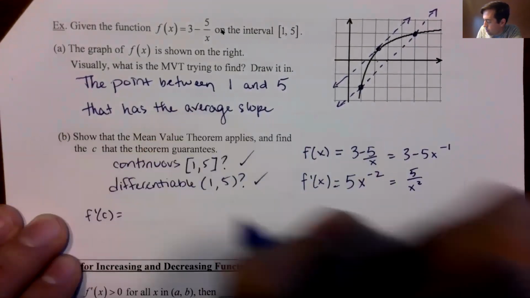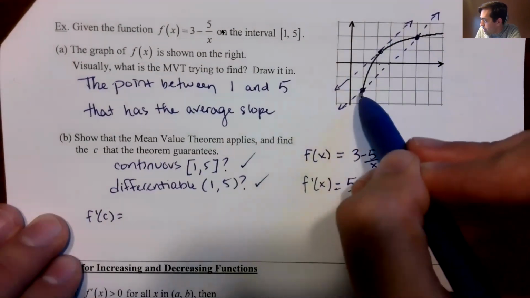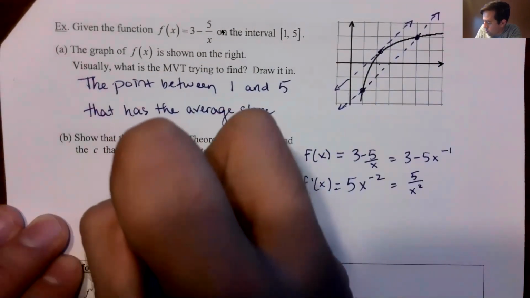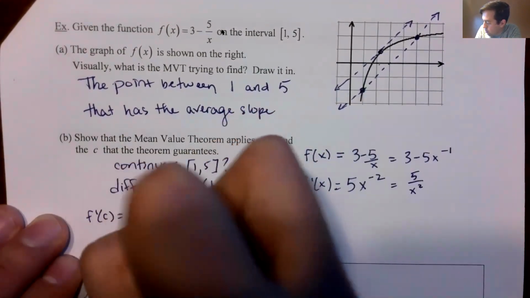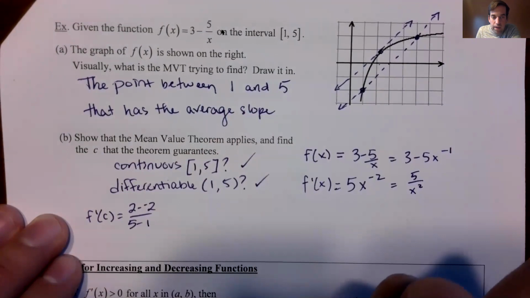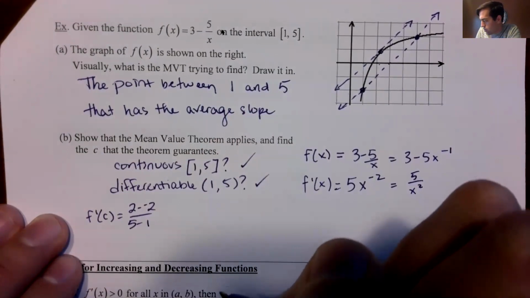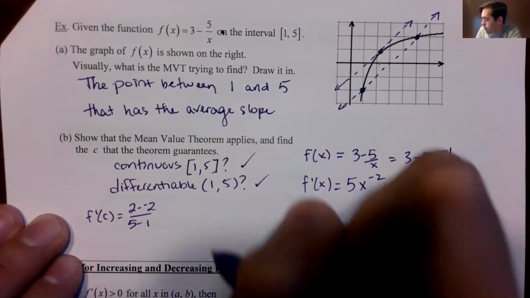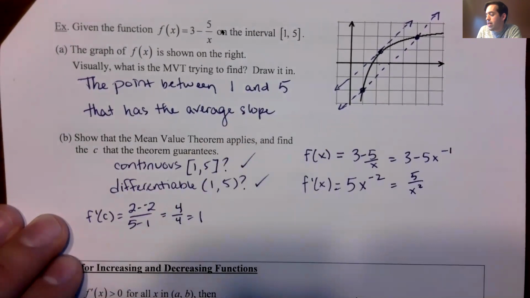We know that the f prime of c has to be the y values of 2 minus negative 2 over 5 minus 1. So I did y2 minus y1 over x2 minus x1, right? That's our slope formula from back in the good old days of pre-algebra, algebra 1. So we have 4 over 4. So yeah, that proves that our average slope is 1.